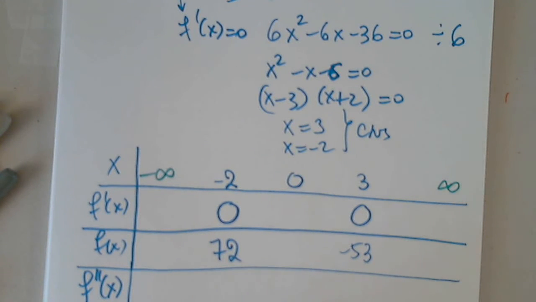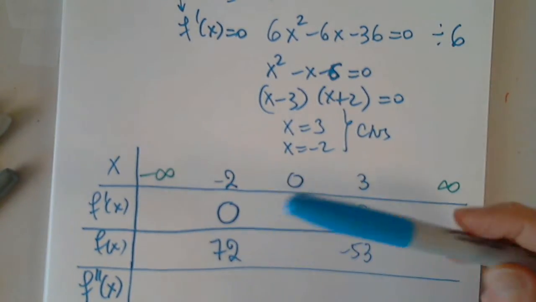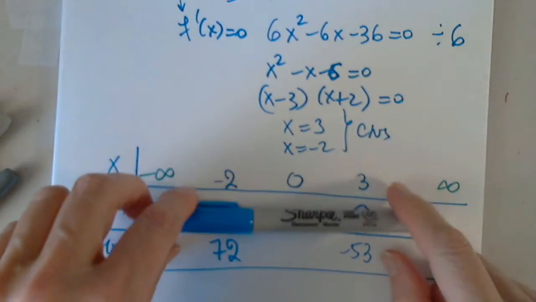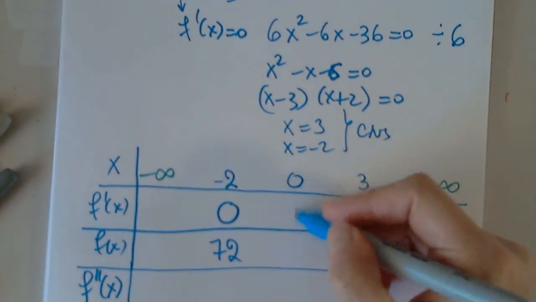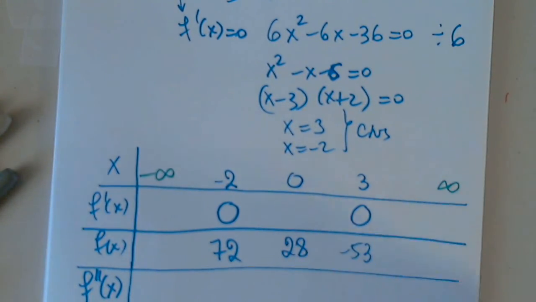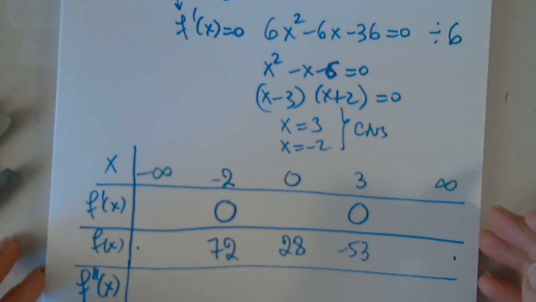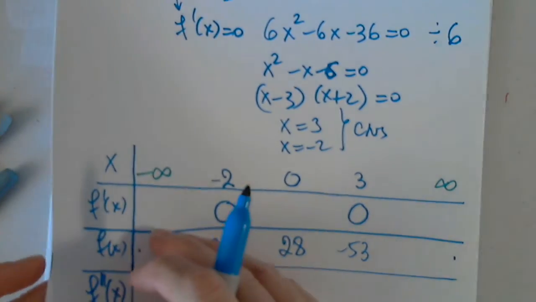At this point, I'm ready to determine the sign of the first derivative. So I'm ready to put in the numbers here. If you want, let's also plug in 0. So this is 28. And we can also determine the end behavior of the function by finding the limits. Let's do just that before we find the sign of the first derivative.